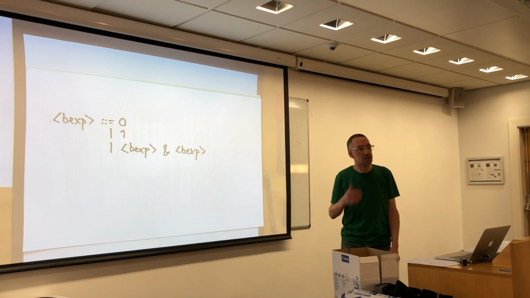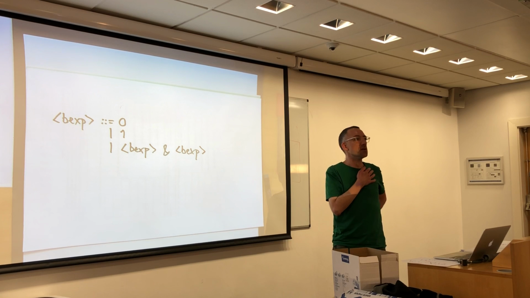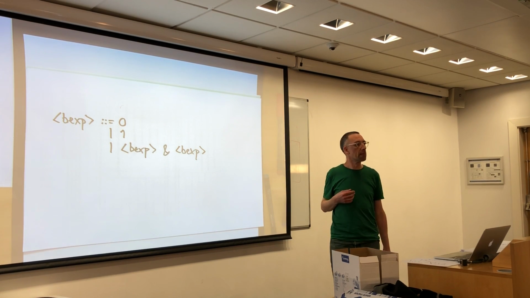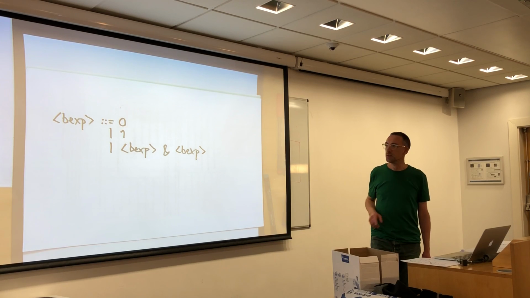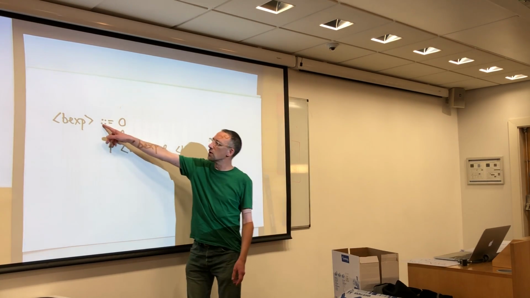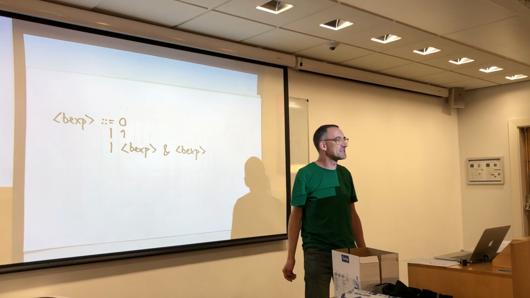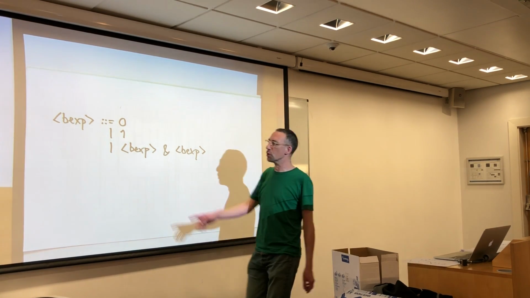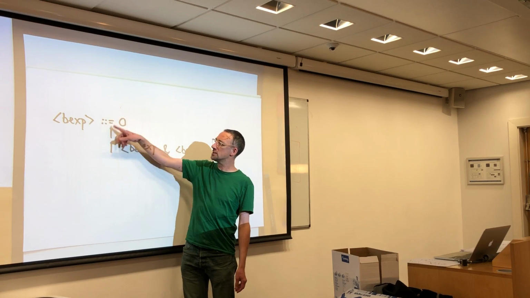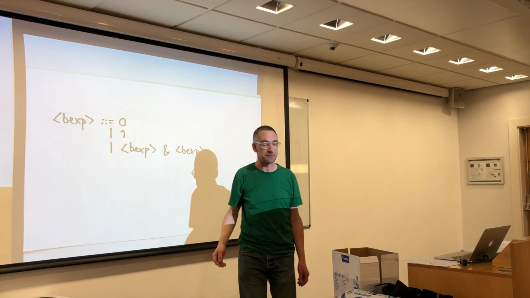So how does the grammar work? Well, first of all, there are three sorts of symbol in this picture. There's this colon, colon equals and these vertical bars, and they are part of the syntax of grammars. They say Boolean expressions are defined to be made by one of these three possibilities.